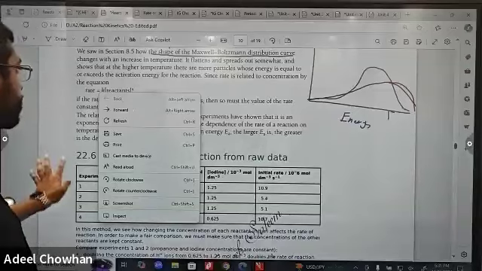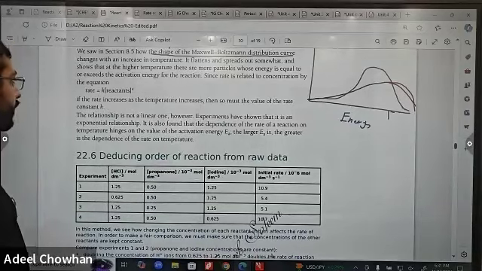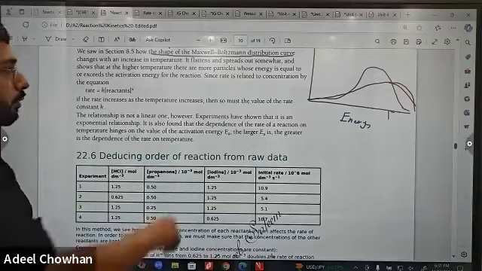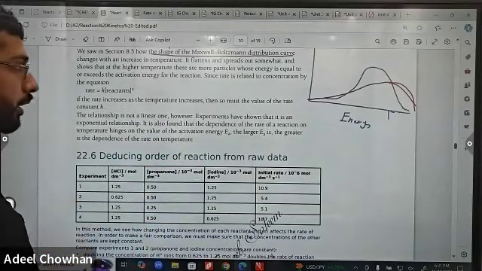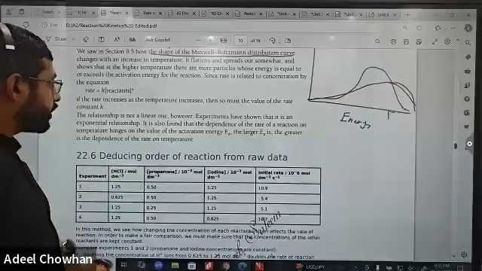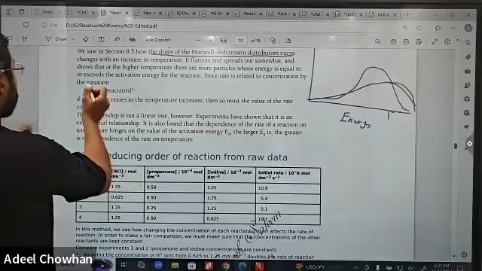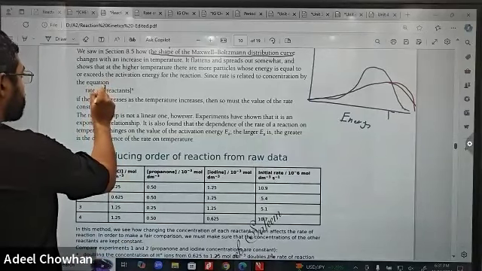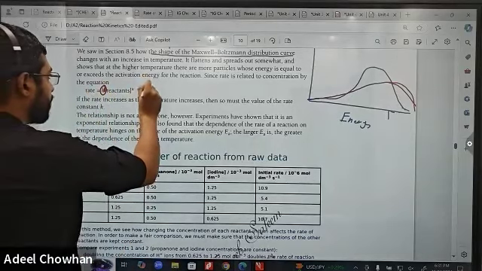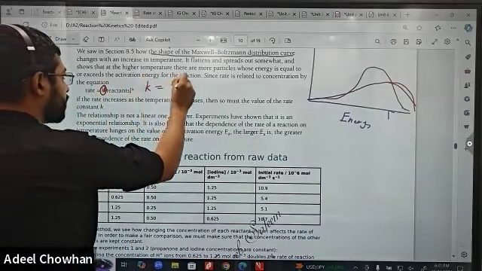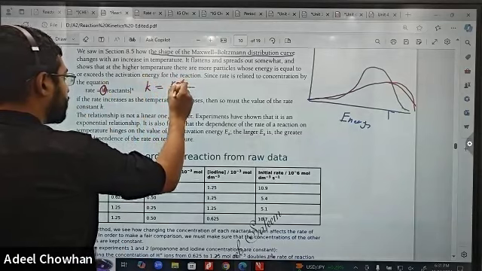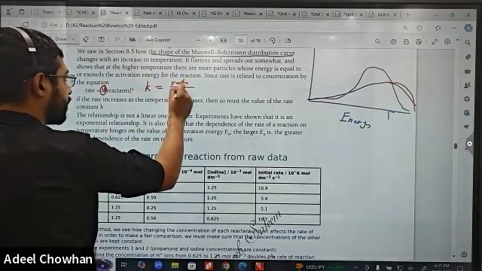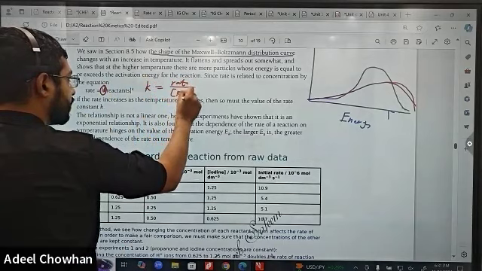If the rate of the reaction increases as the temperature increases, then so must the value of the rate constant k. The rate constant k comes from this expression: if we want to find the value of k, then k is the rate divided by the concentration of the reactants.